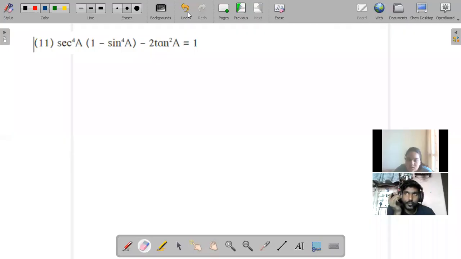So write it as it is. Write it as sine raised to 4a only. Well, I can give you one hint. That 1 upon cos raised to 4a. Your screen is gone.